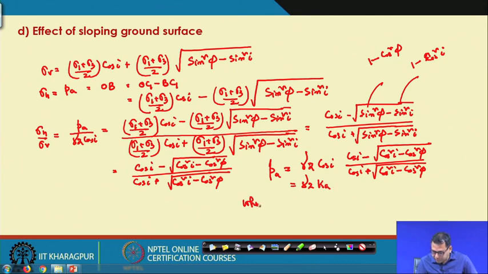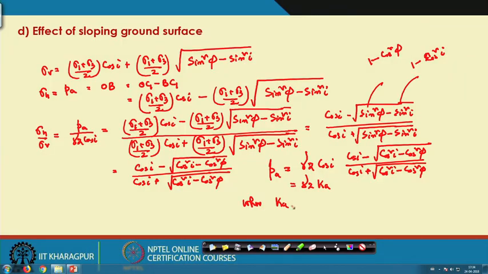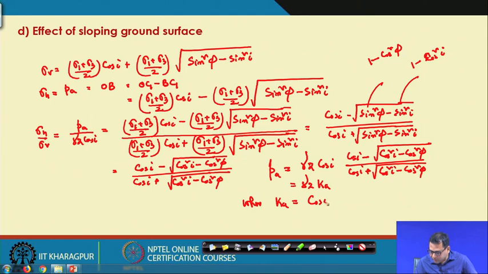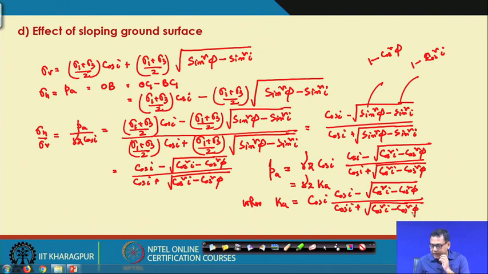So, where this KA is again the coefficient of active earth pressure, and KA I can write as cos i minus root over cos²i minus cos²φ divided by cos i plus root over cos²i minus cos²φ. Okay. So, this is the inclined one, and now finally, the earth pressure for the inclined surface, this is the wall.